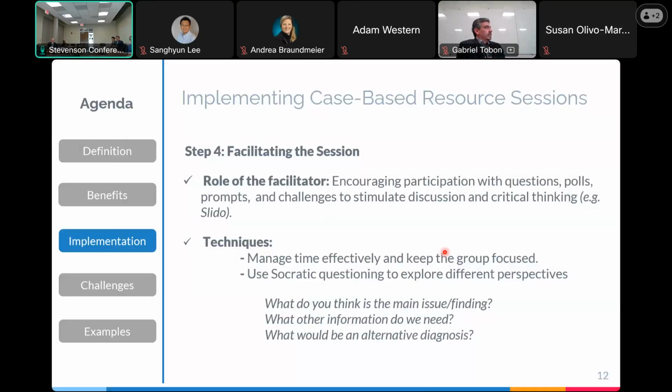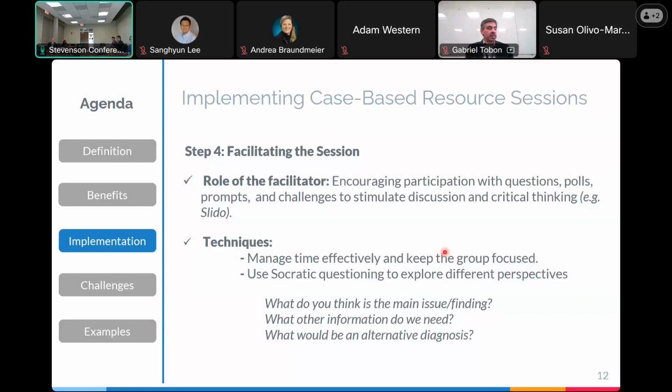Step 4 is facilitating the session. So what is the role of the faculty or facilitator? The idea here is to incorporate participation so the students are engaged with questions, polls, prompts, or challenges to stimulate discussion.